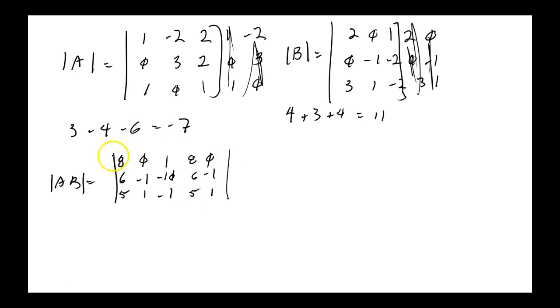We'll do our down diagonals, and that's going to be 8 plus 0 plus 6. Up diagonals are plus 5 plus 80, 0. Ooh, what does this come up being? 88 and 11 is 99.